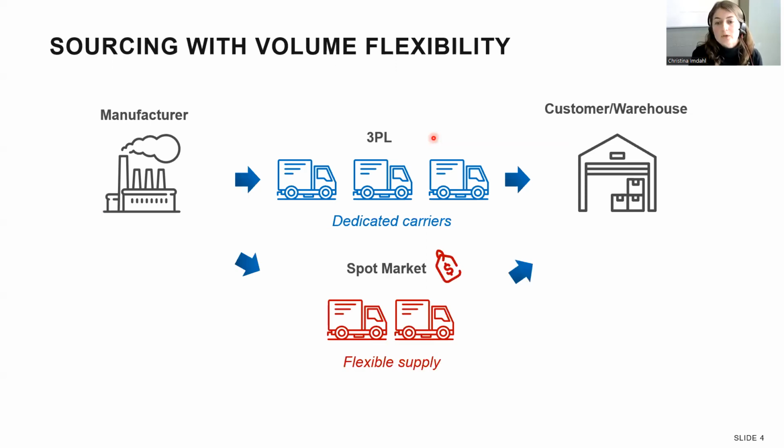If they wanted to extend that capacity, they would need to go to the spot market, where they could get additional transport units, but they need to pay an additional fee on top of the fee they pay to the third-party logistics provider.